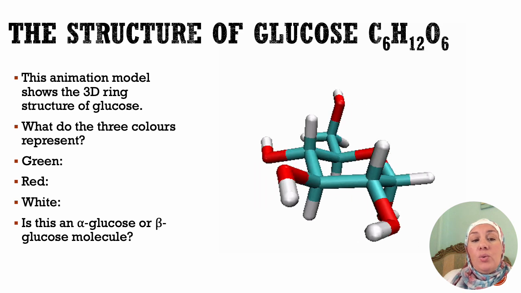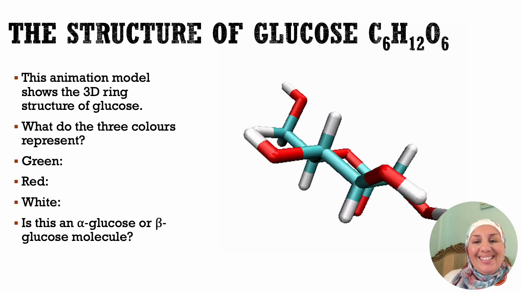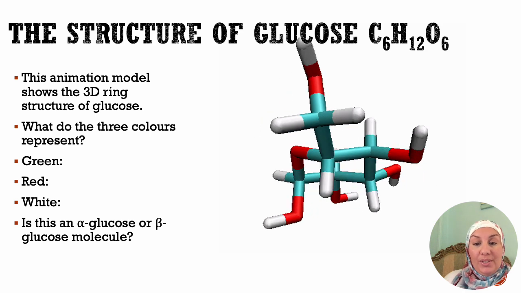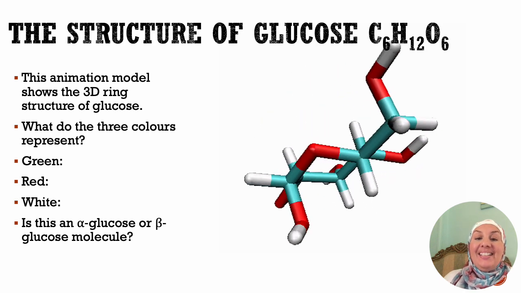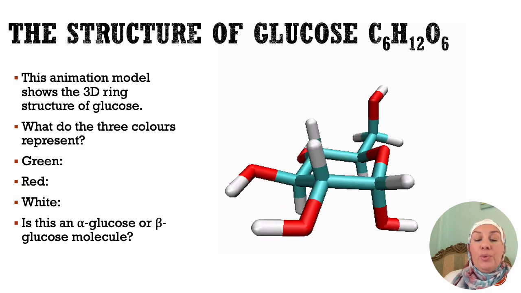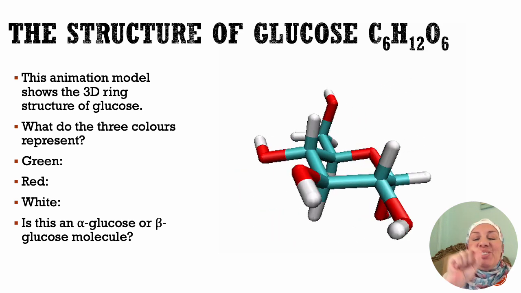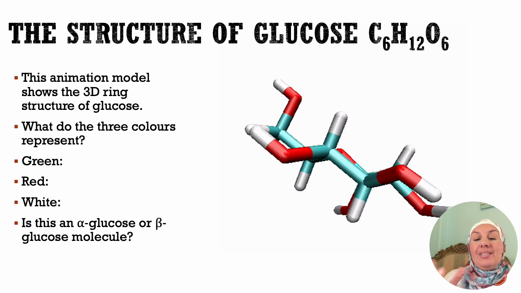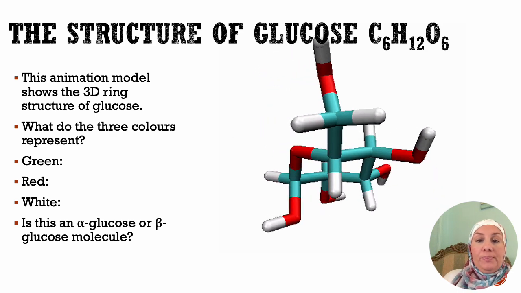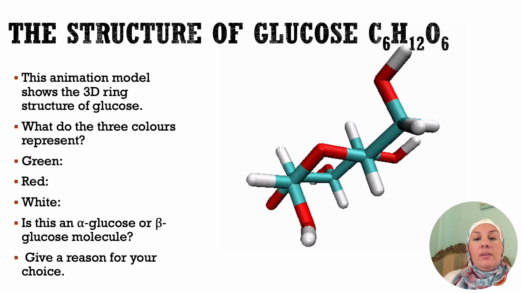Is it an alpha or a beta glucose? Where's the hydrogen? Above? Yes, it is above. So it's an alpha glucose. Good job. This is a very important molecule. You will have to train your brain and your hand to draw it, to tell the difference between it and other molecules such as beta glucose. Let's move on.